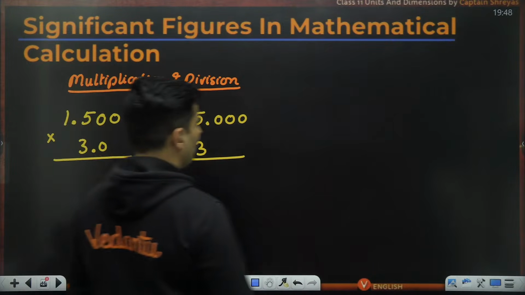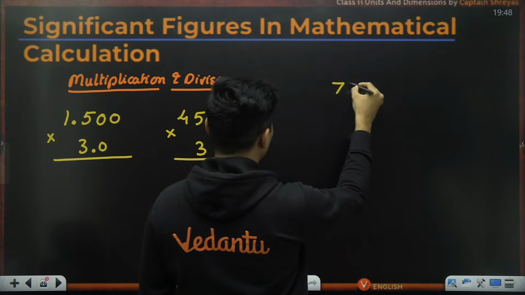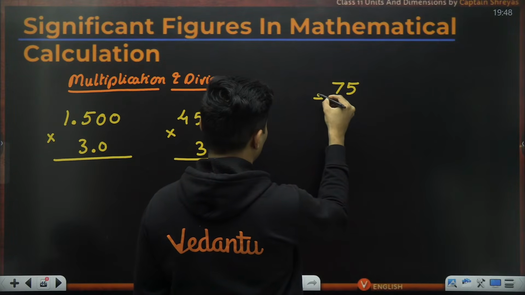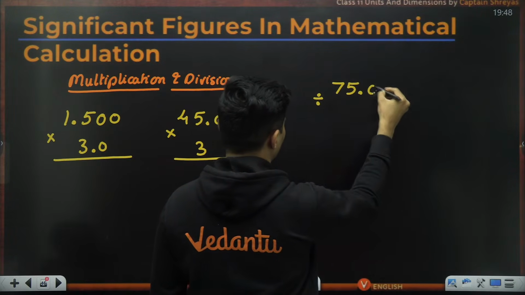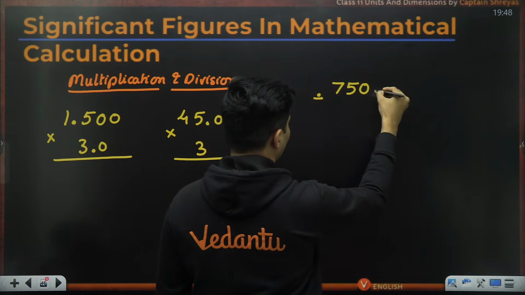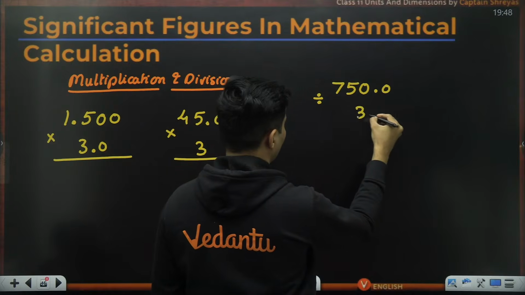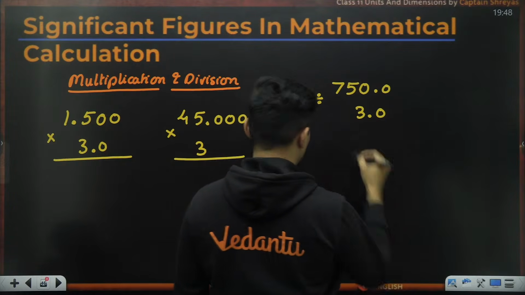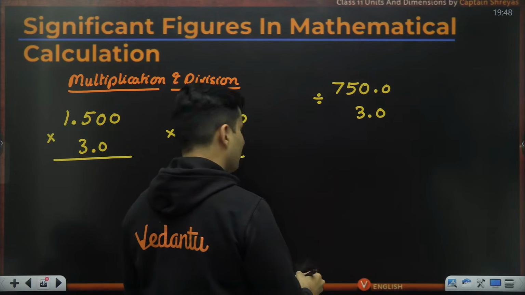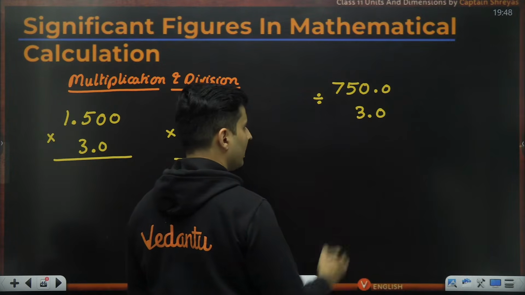Or let's say you have to divide 75.0 by, or let's say 750.0 by, let's say, 3.0. Okay, let's see what we do in this case.